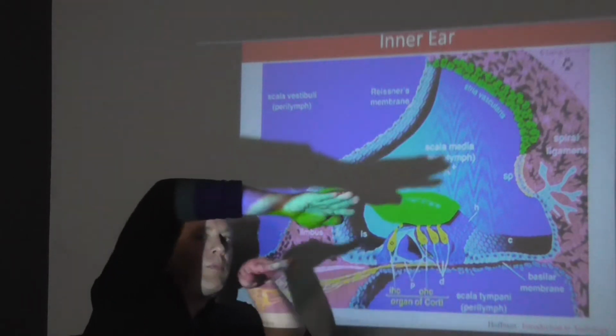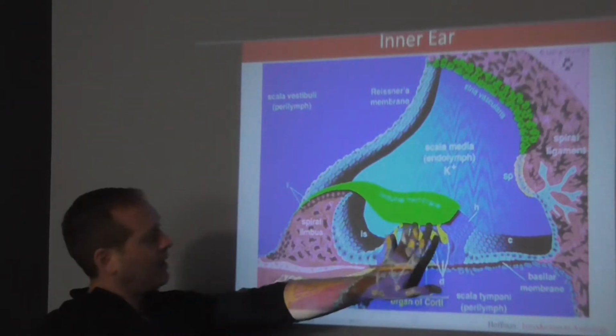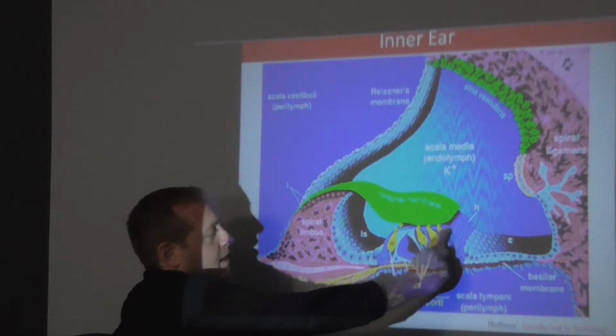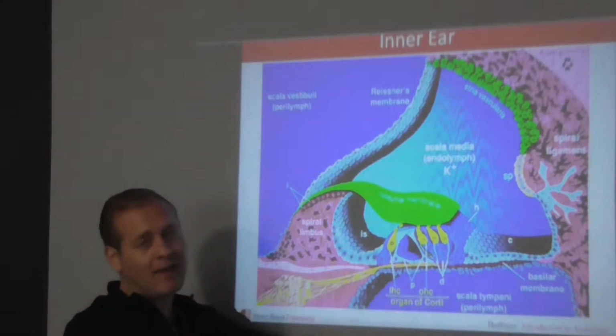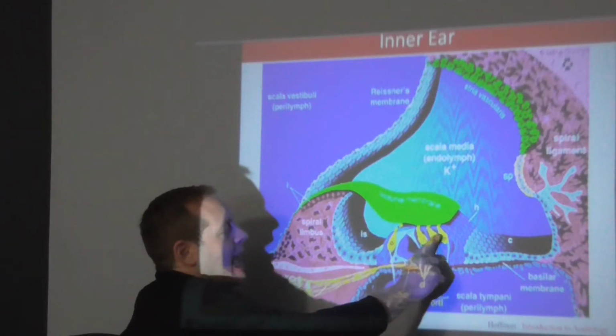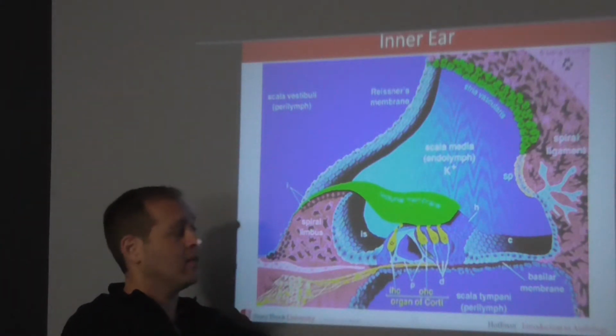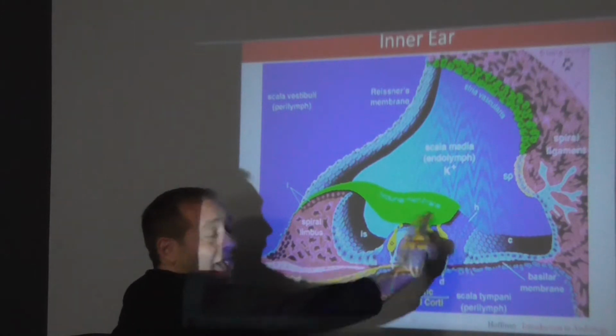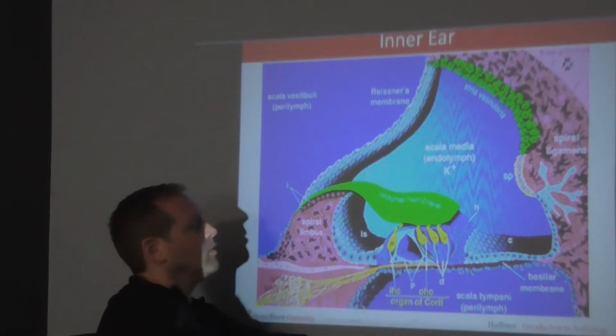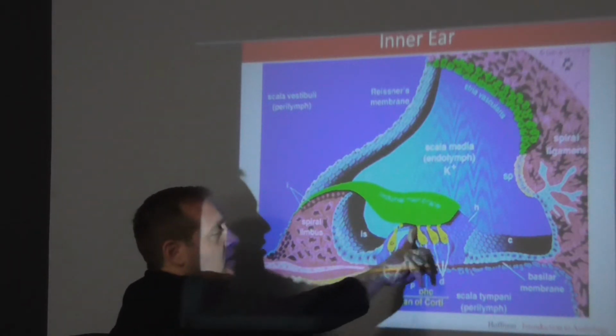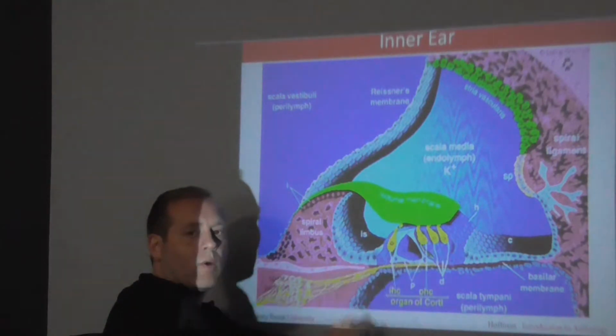Well, why is that movement important? If you notice, these yellow things that are inside the organ of Corti are actually villi, or hair cells. There are hair cells, outer and inner hair cells. We're not going to get into the differences. Outer and inner hair cells that are located on the organ of Corti.